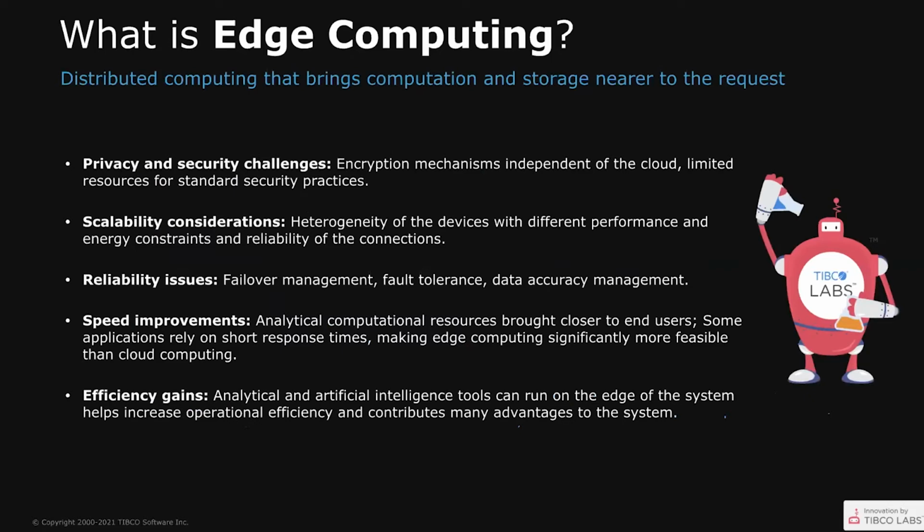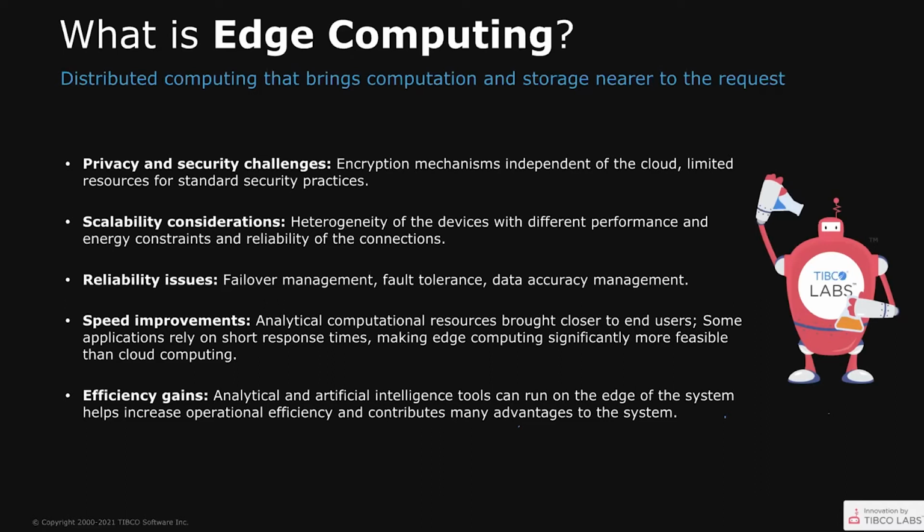Some of the challenges and things to take into account when you have an edge computing strategy: okay, what are the privacy and security challenges, right? It changes slightly from the cloud to the Internet of Things. Your encryption mechanisms are independent of the cloud, and you have limited resources for security practices, right?